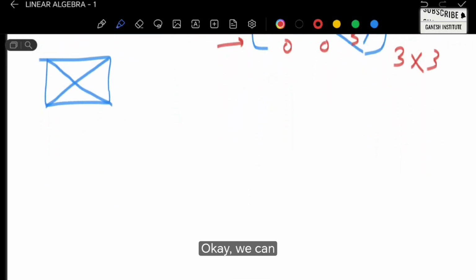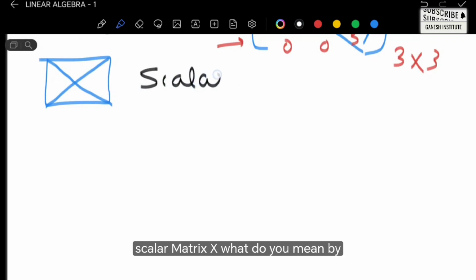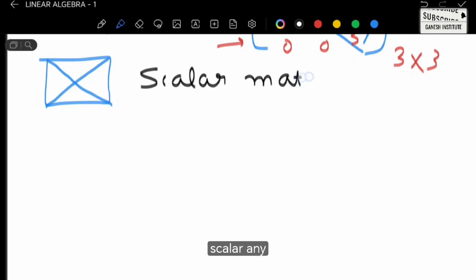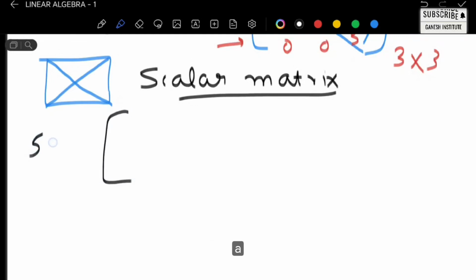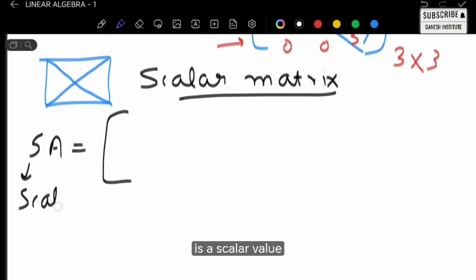Okay. We can have a scalar matrix as well. So when we say scalar matrix, what do you mean by scalar? Any numerical value having magnitude, right? So magnitude is the numerical value. So let's say I am writing 5a. Now 5 is a scalar value and a is a matrix.